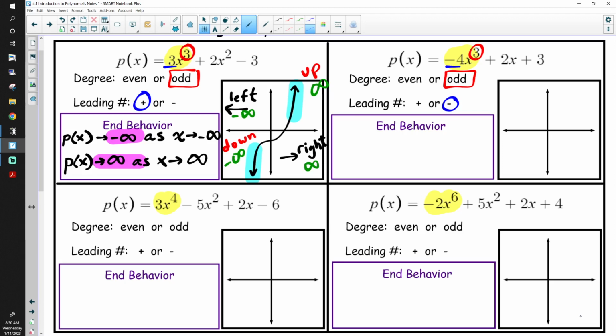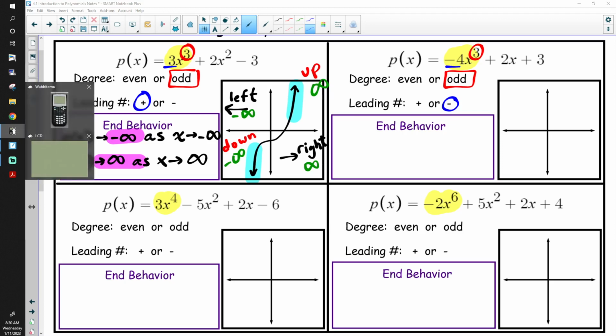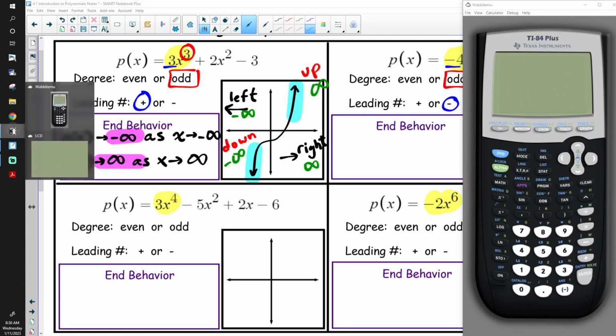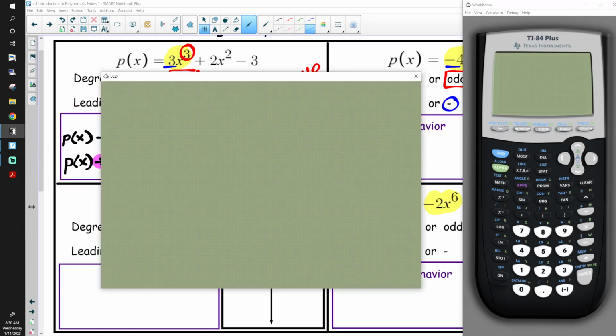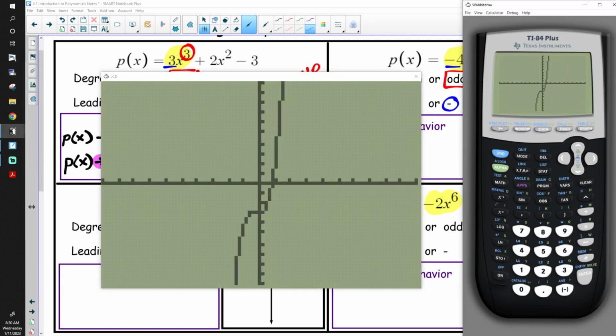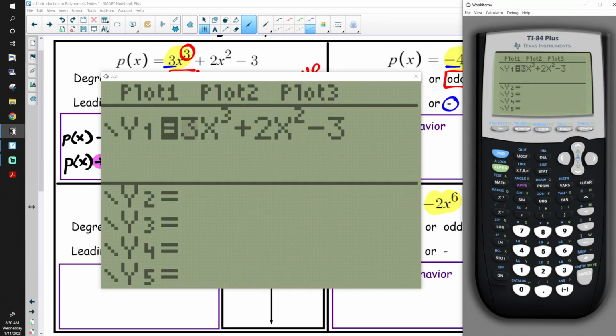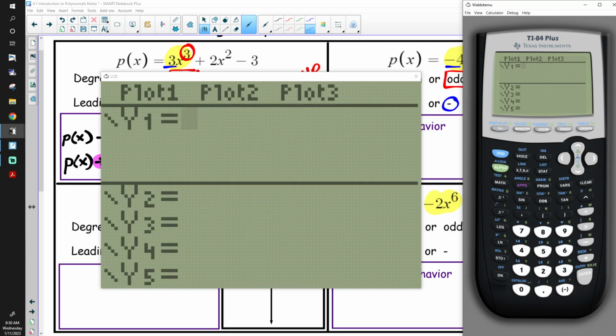Okay, so pull up your calculator. And let's type it in. Go to your y equals. Clear out that old one.